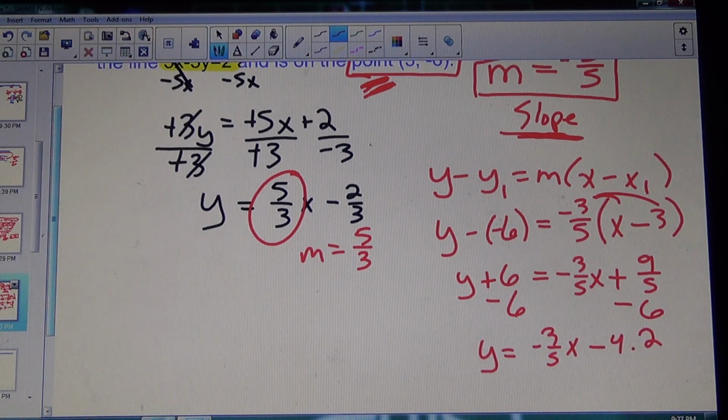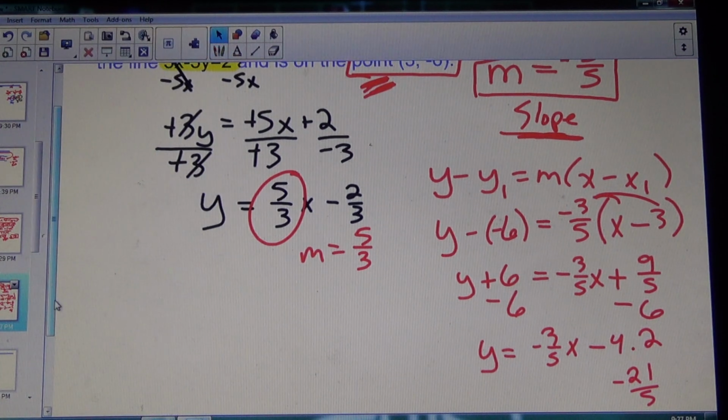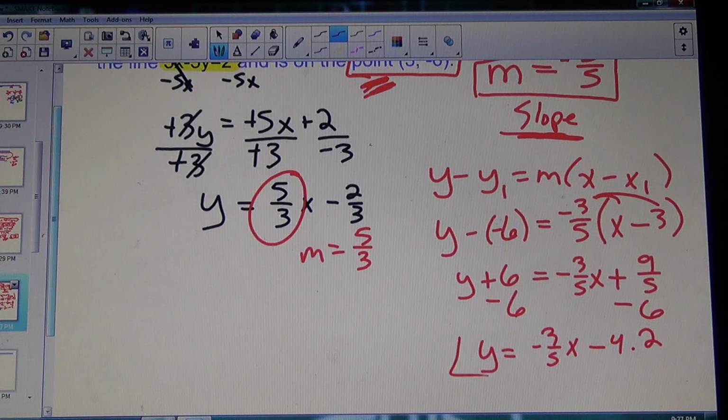If you wanted to go math fraction, this could also be -21/5, or -4 1/5. So these are all the same numbers as 4.2. Okay, but you don't need to write that if you don't want, and that's my answer.